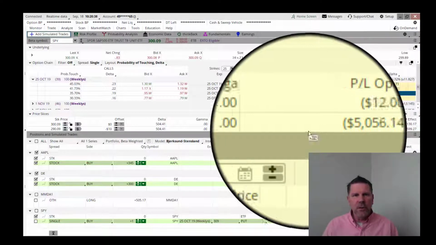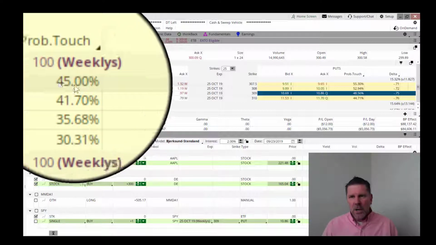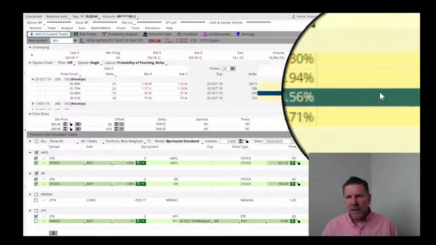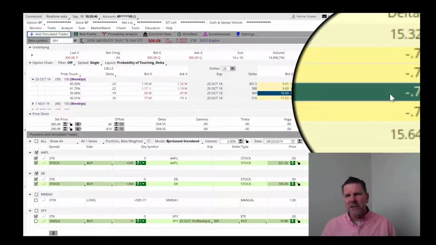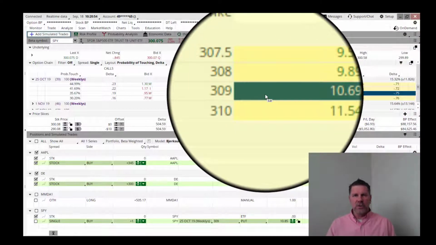So for our example, about 39 days out, we're going to go to the put side, and I'm looking for this delta. I see this delta here is about 75. For a put, that's a negative 75 deltas. That's the $309 put. We're going to buy that.